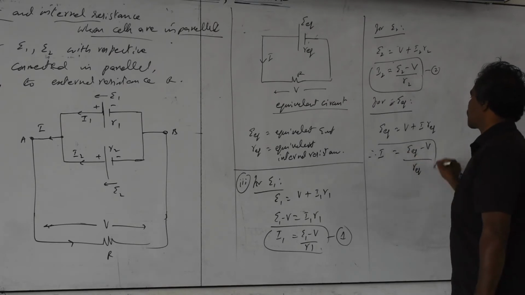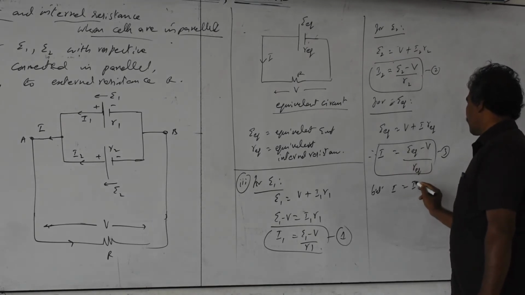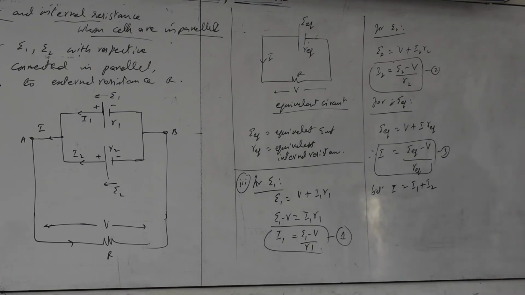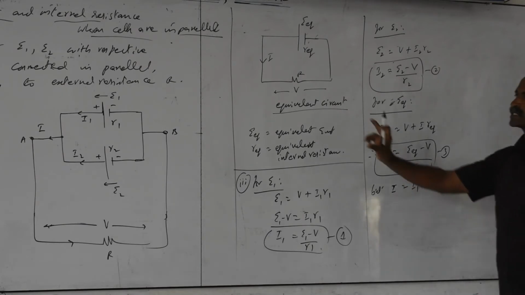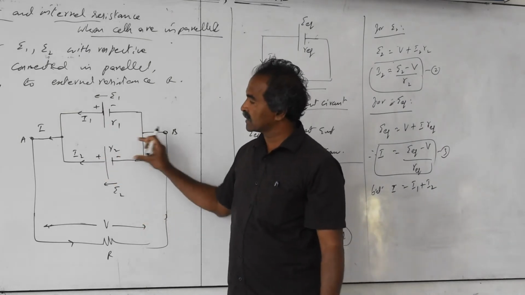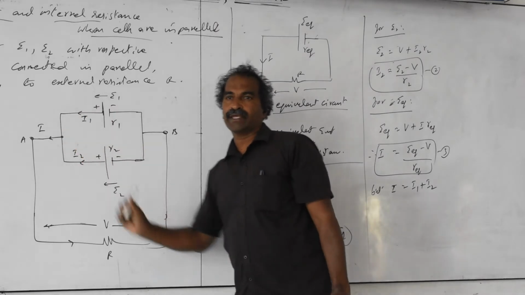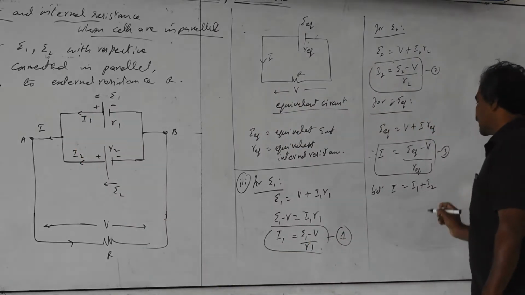This is equation number 3. But this is the total current. I is equal to I1 plus I2. Two currents are coming in the same direction. If the cells were reversed, the case would be different. Cells are adding the EMF in the same direction, which means currents will be added here. So I equal to I1 plus I2.